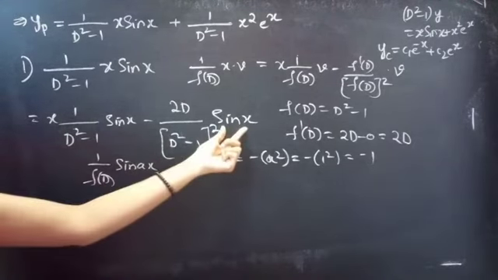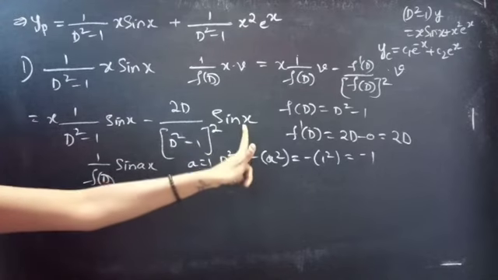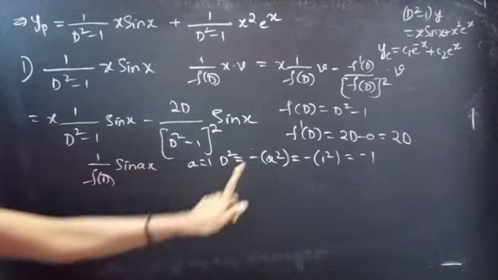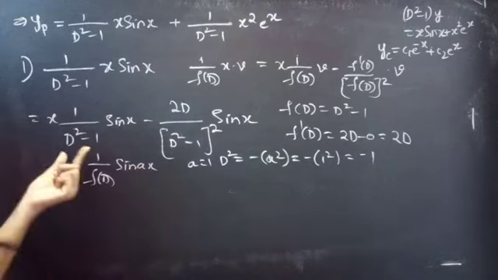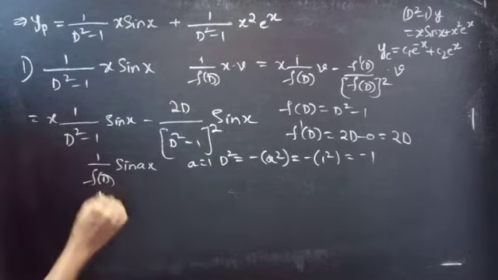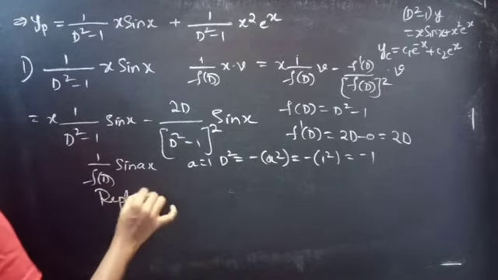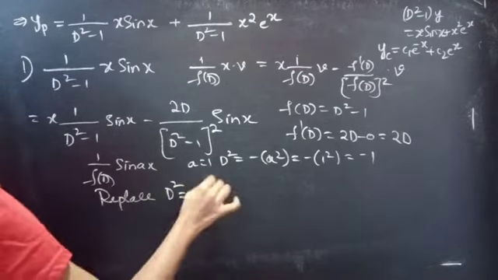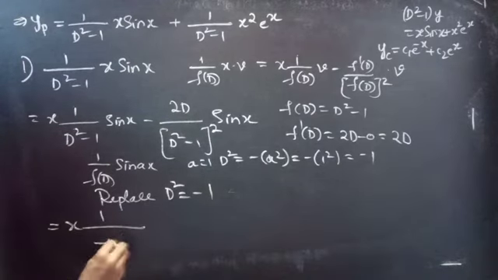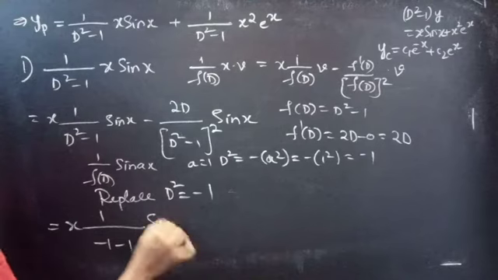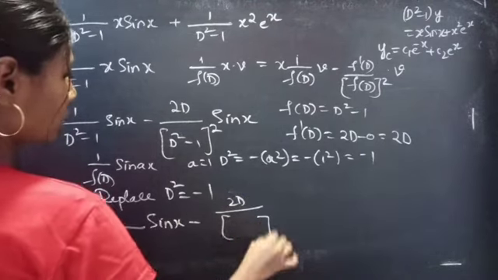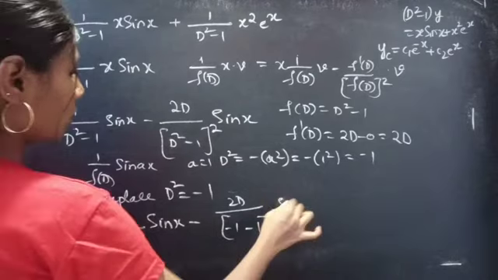Here also we are having sine x, right? Then obviously for a equals 1, we'll get D square equals minus 1. So in both the terms, we'll replace D square by minus 1. So we'll get x into 1 by minus 1 into sine x minus 2D by minus 1 whole square into sine x.